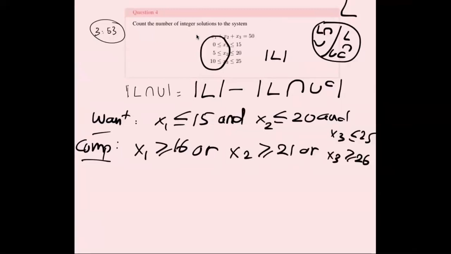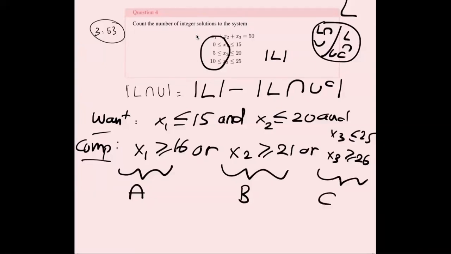So now we can say the event A is the event when X1 is at least 16. B is when X2 is at least 21. C is when X3 is at least 26.